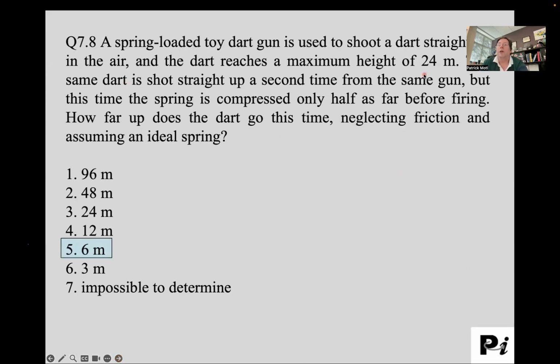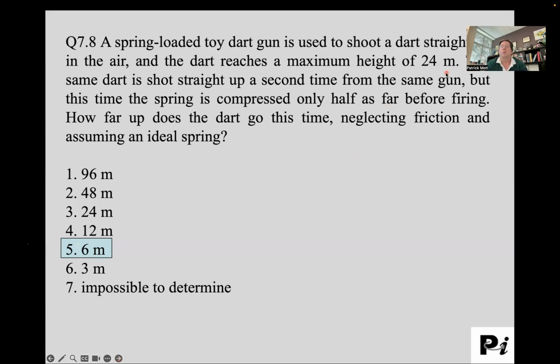All right, when fully compressed, we're able to shoot the dart up 24 meters. If the compression is only half as big, then the work that the spring can do is going to be 1/4 as big. And so that amounts to a work done by gravity that is 1/4 as big when the dart stops at its highest point for an instant.